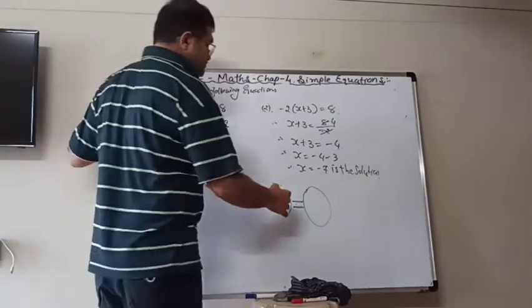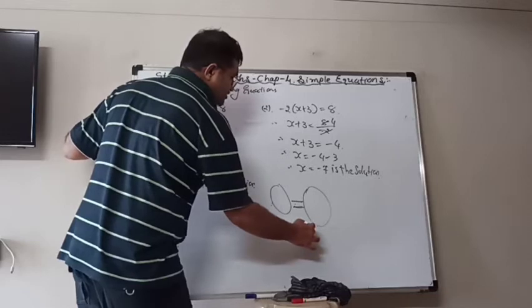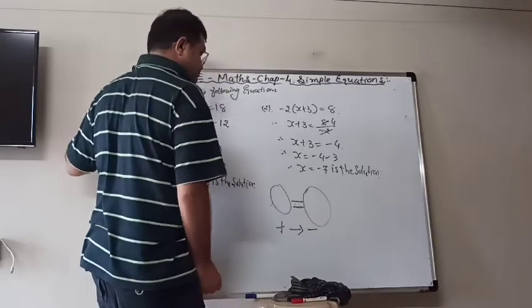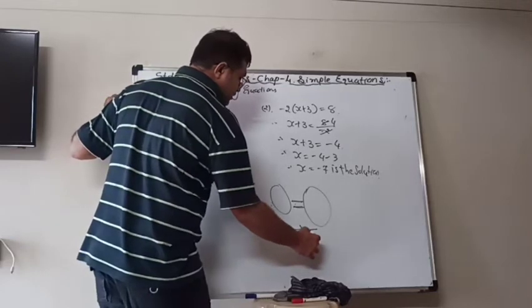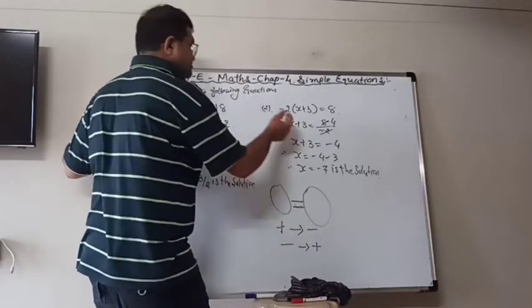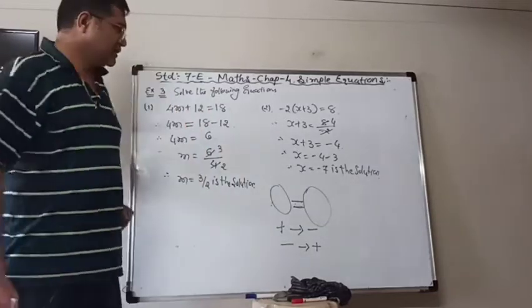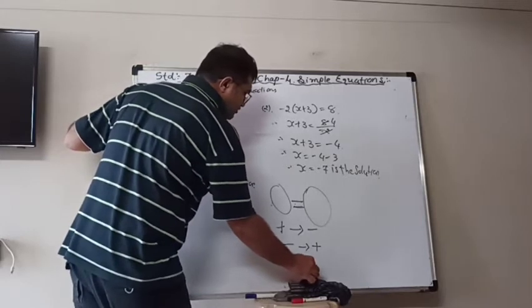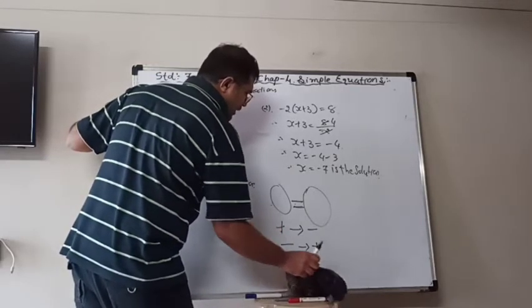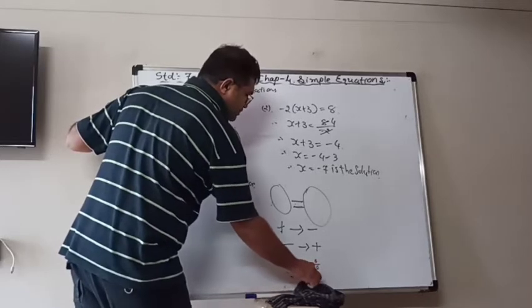So if you have plus clothes, they will be changed to minus. If you have minus clothes, they will be changed to plus, as we already learned in transposing. Similarly, if it is in multiplication, then it will go to division. And if it is in division, it will go to multiplication.